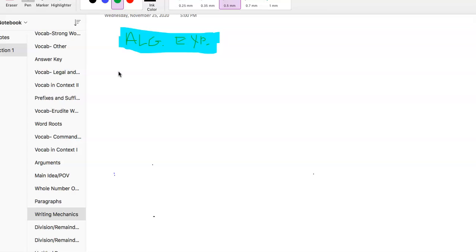I was going to go text mode, but never mind. We've got some exponents and stuff. So for plug in, first they're going to give us something at the top. Here it says x equals -3.